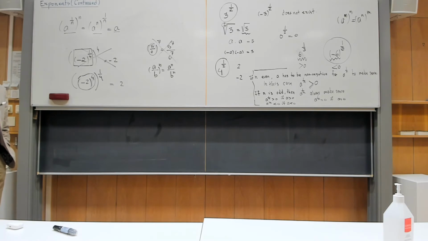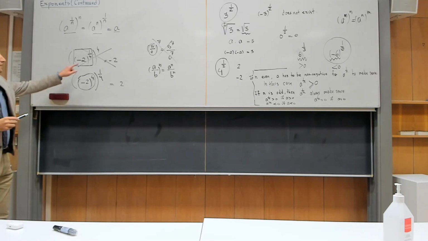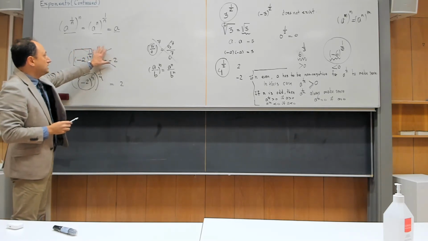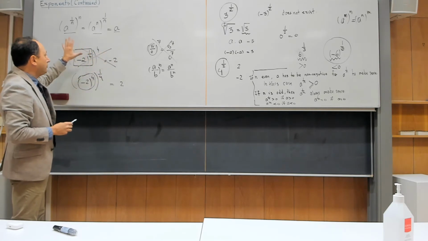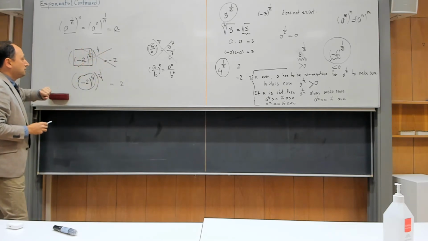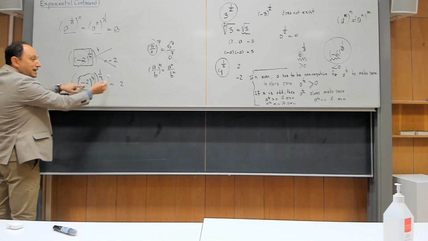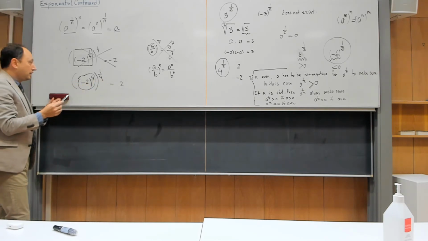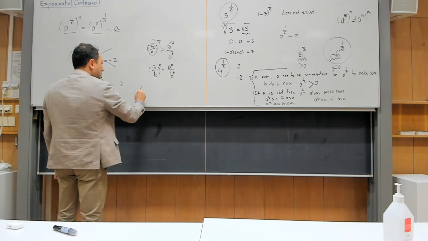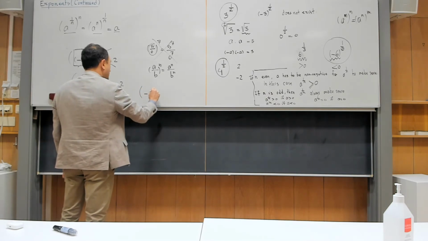Yes? Is that understandable? So this is completely nonsense. We cannot talk about this. We cannot fix this, because this is not possible. But here the answer is not -2. The answer is +2. Okay, let me ask you another question. What is your opinion about this?